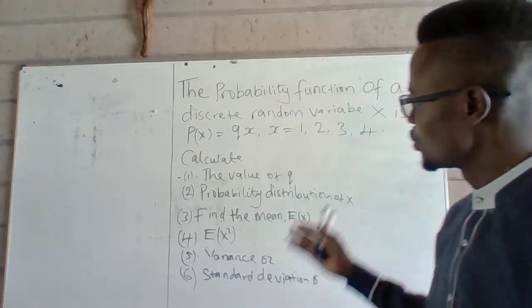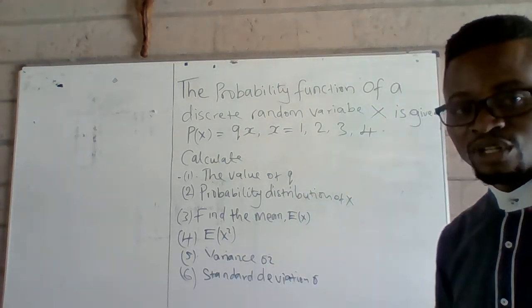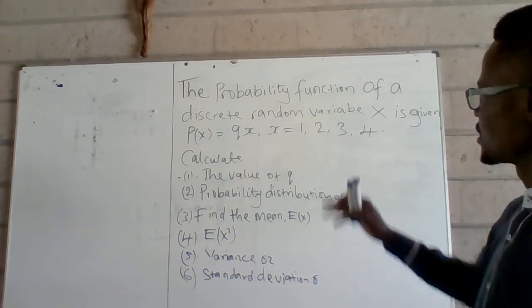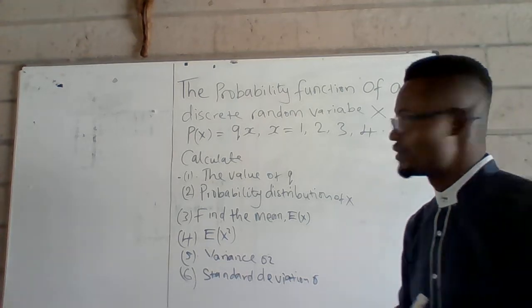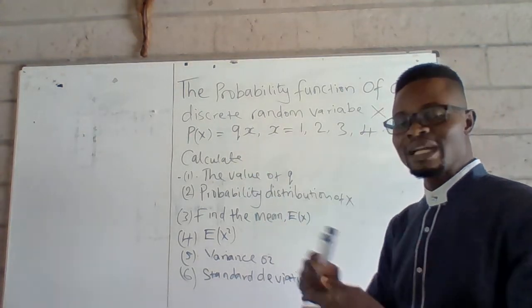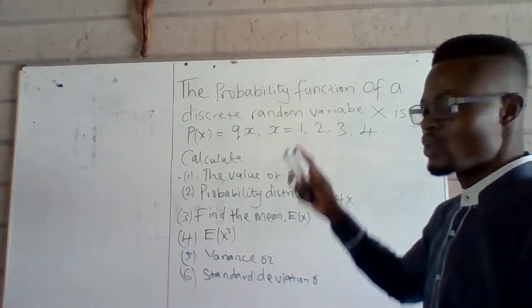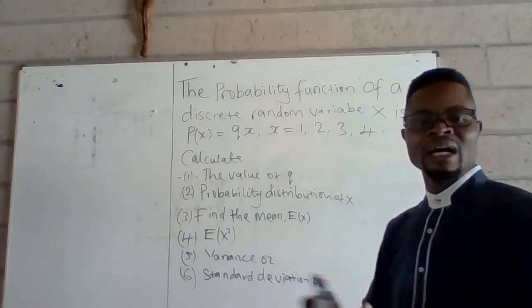So let me show you what to do in this discrete random variable function. We have been asked that the probability function of a discrete random variable is given by q x, where x ranges between 1, 2, 3, and 4.